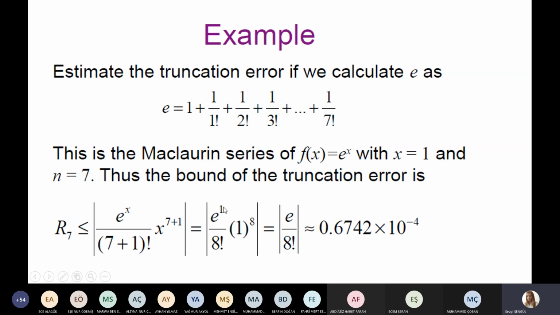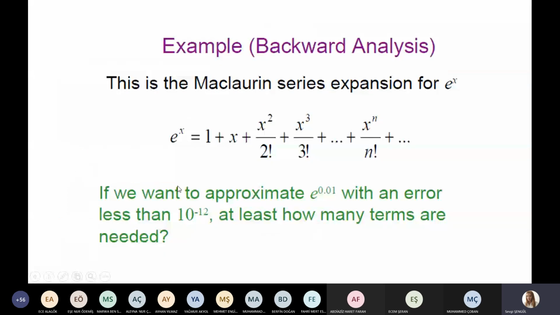So e is just, you know, 2 point something, just a number. You can calculate that one. And you can see that your error bound will be less than or equal to 0.67 times 10 to the minus 4. So you can quantify your truncation error like that by using the remainder term.